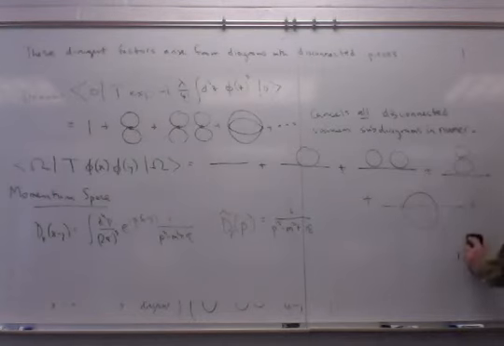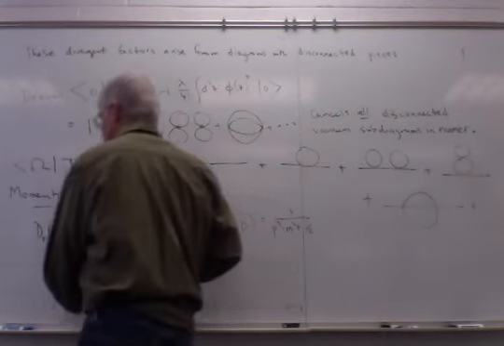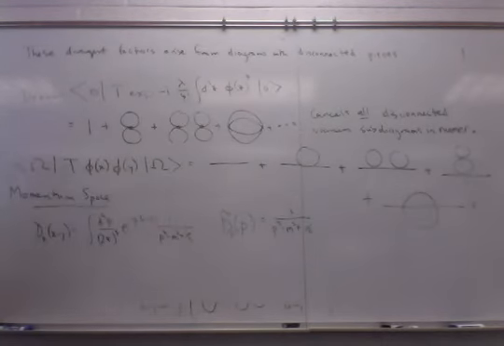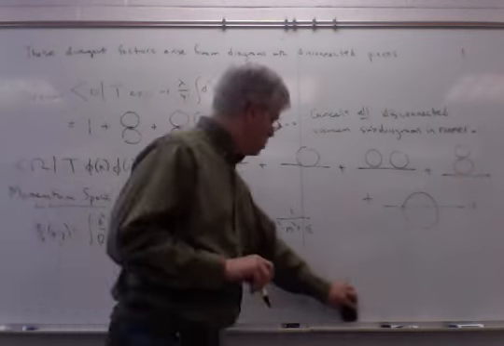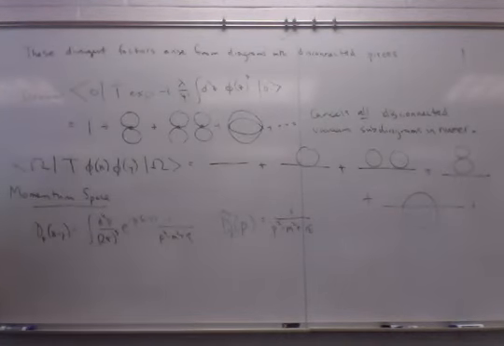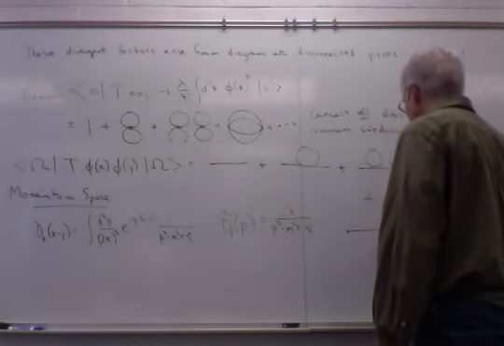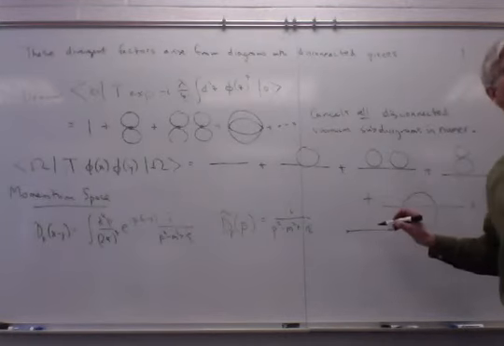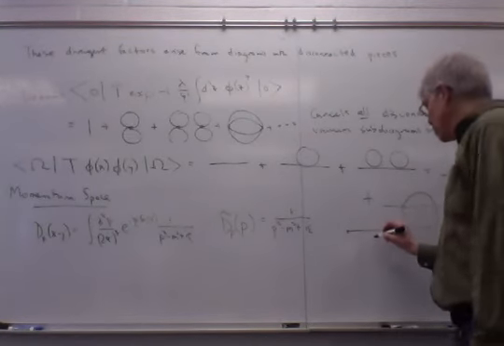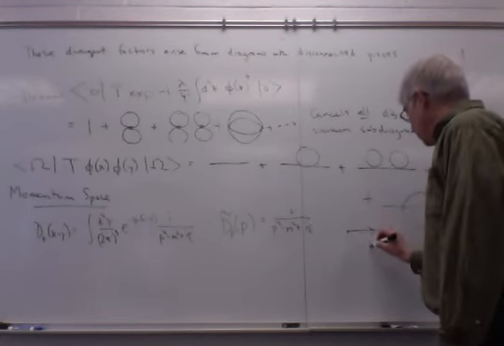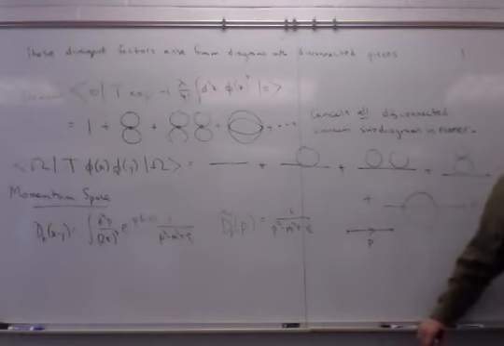So in momentum space, what we can do is give a set of Feynman rules. When we have a propagator, instead of thinking of it running from x to y, we think of it in momentum space, as having a momentum p flowing through it.